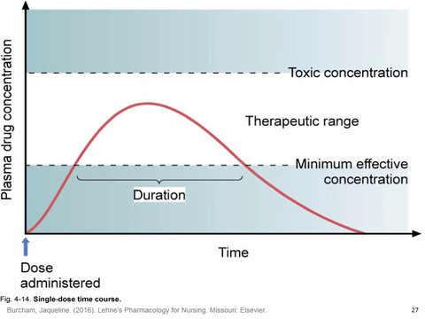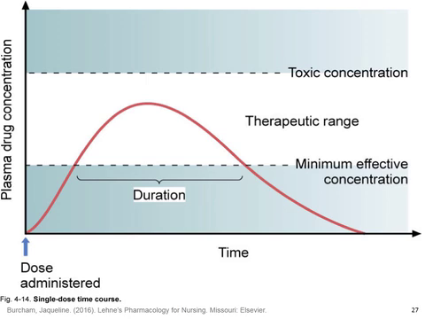A couple of important parameters help us evaluate this plasma drug time curve. You've got your minimum effective concentration, and then you've got your toxic concentration. The minimum effective concentration is the lowest dose that's needed to produce a response.